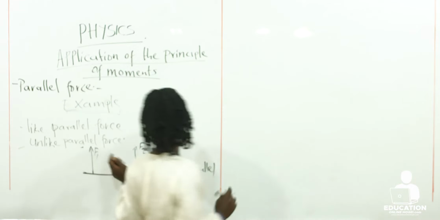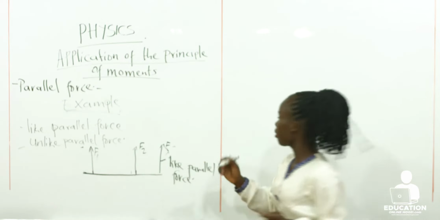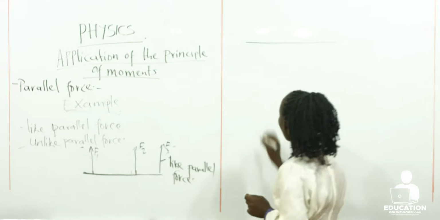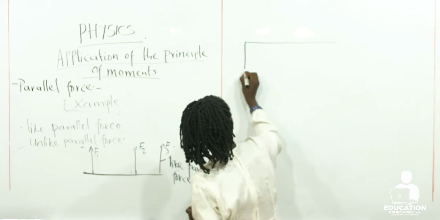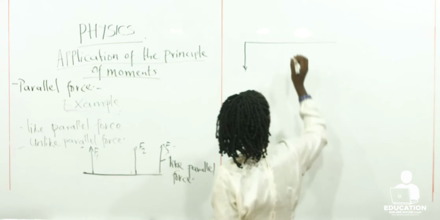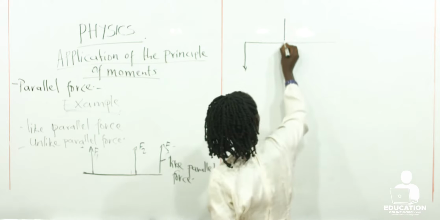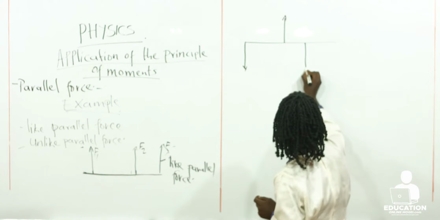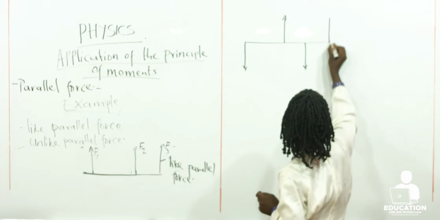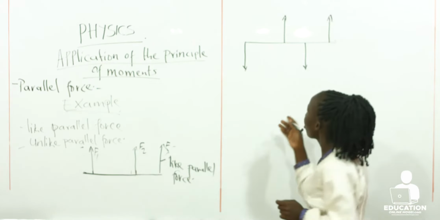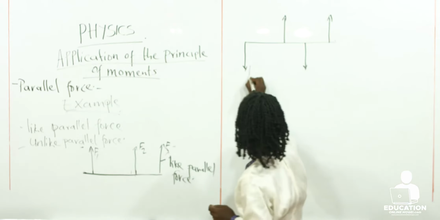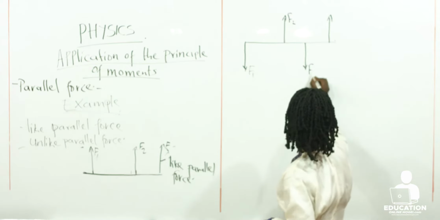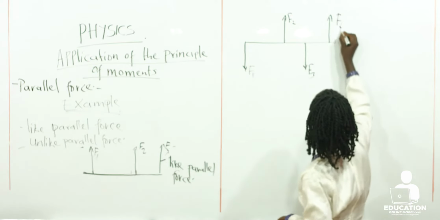What about the unlike parallel force? How do they behave? Take a look at this. We have this one moving in this direction, this going upwards, maybe another one here down, another one there up. Let's have this as our force 1, that as our force 2, here force 3, and then this is our force 4.